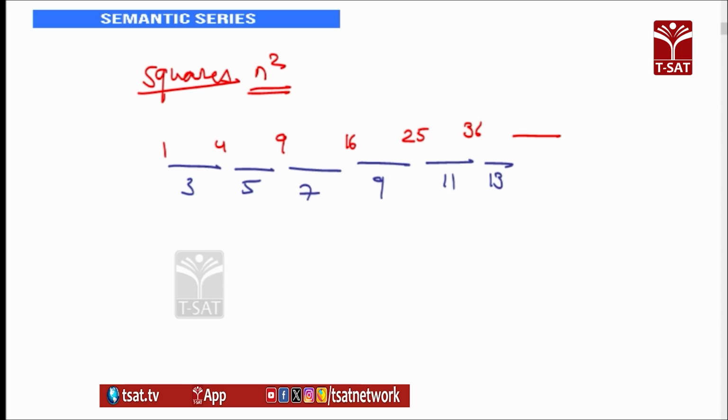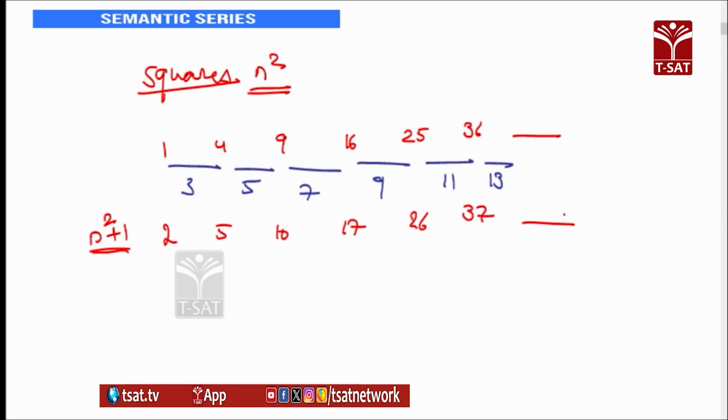Generally in the examination, whenever you are unable to identify whether that particular series is in a square or a cube or in any other pattern or in AP or GP, then generally we will take the difference. Now another format in the squares itself is the format of n square plus 1. In the examination, he will give the question like 2, 5, 10, 17, 26, 37, like that.